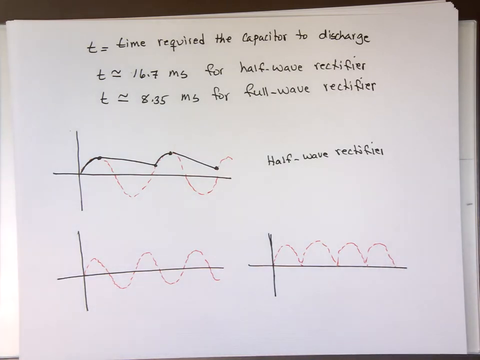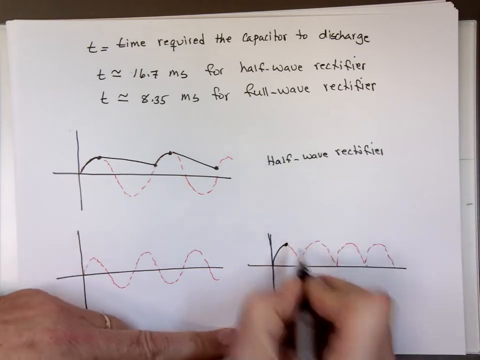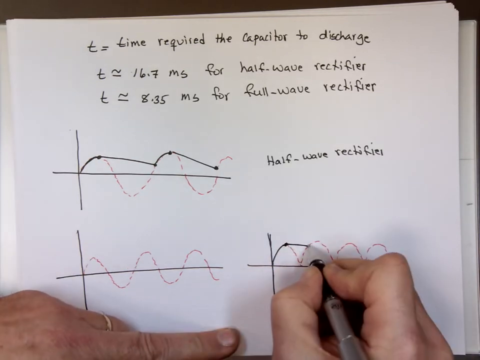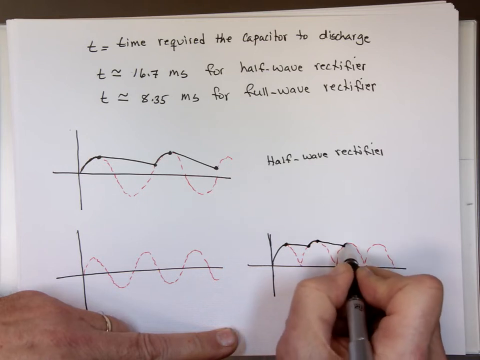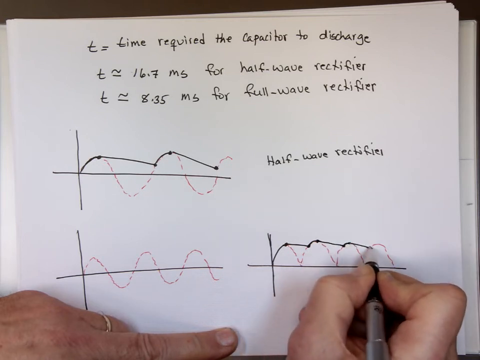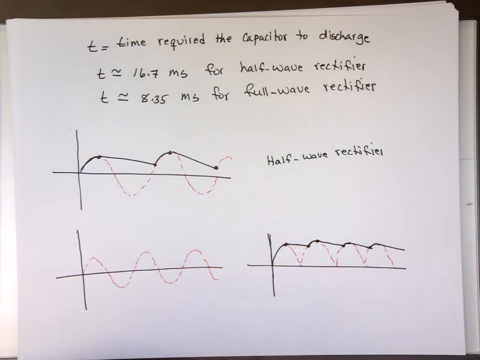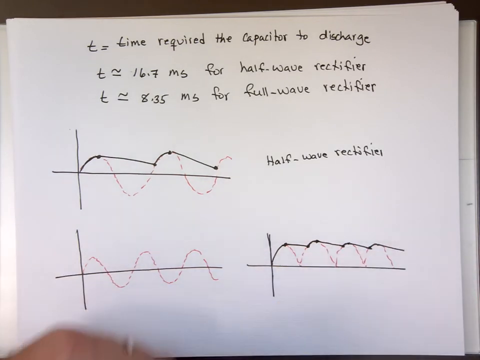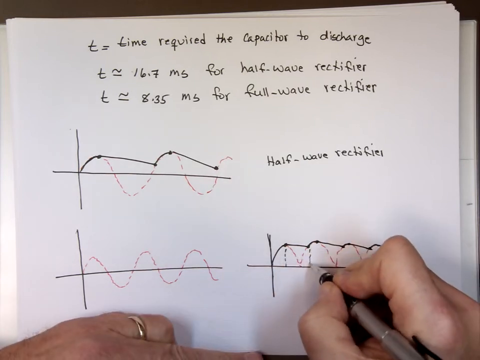So what is the ripple voltage going to look like? It's going to look like this, up to here, start to go down, then back to here, start to go down, back to here. You can see actually that period, from here to here, that time is much smaller.